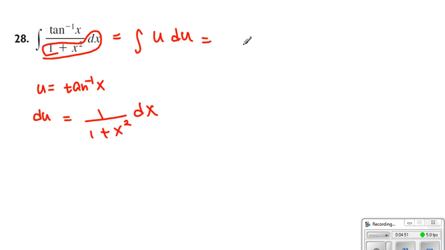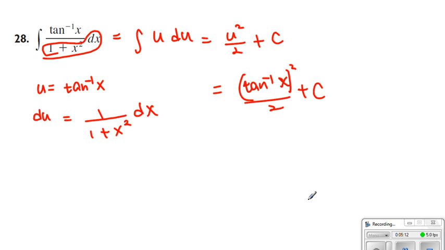And what we end up getting here is u squared over 2 plus c, where u becomes inverse tangent or arctangent of x, the entire thing squared over 2 plus c.